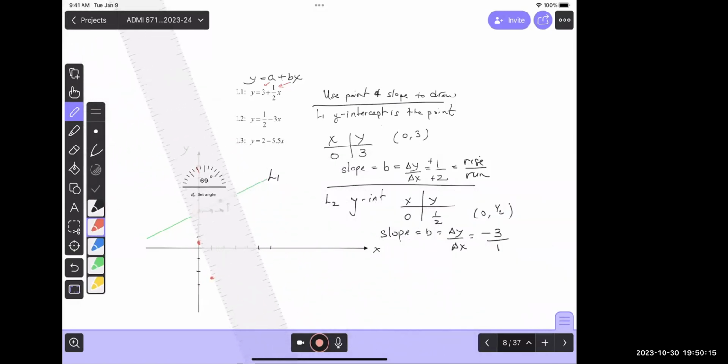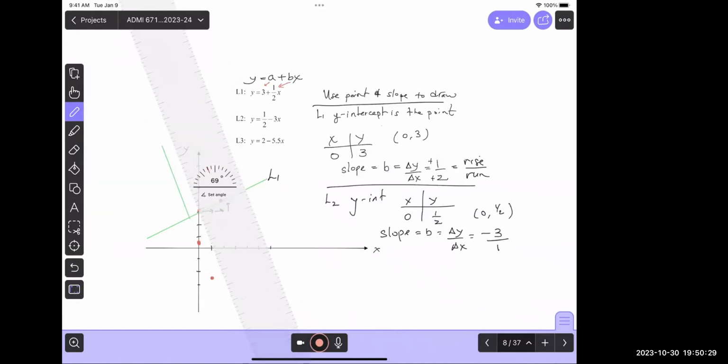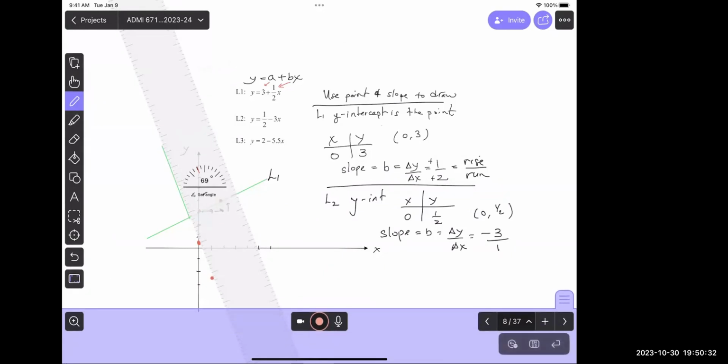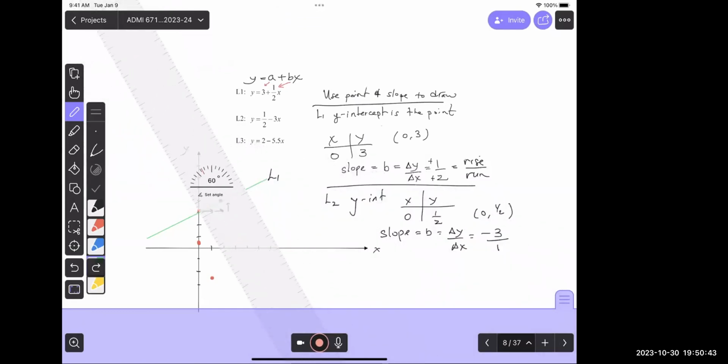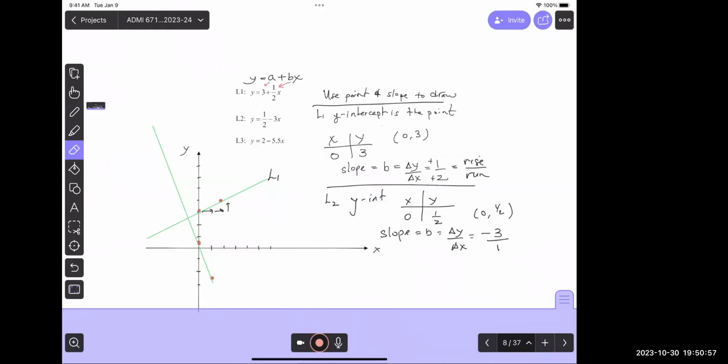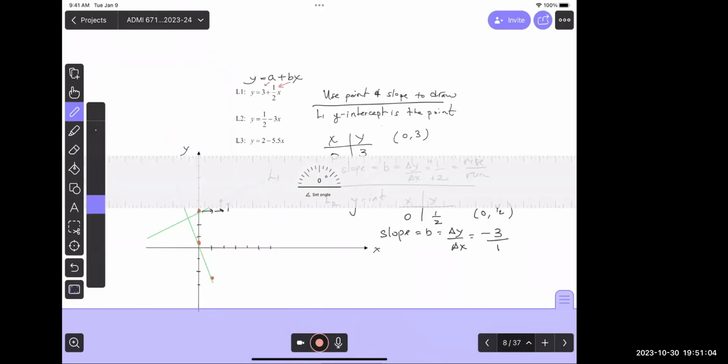And then use my handy dandy ruler. That's line 2.